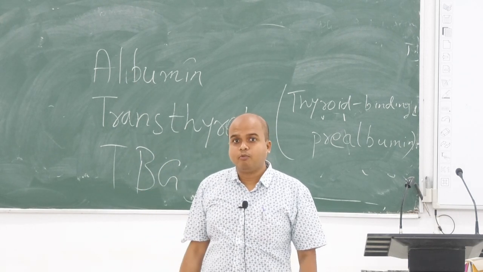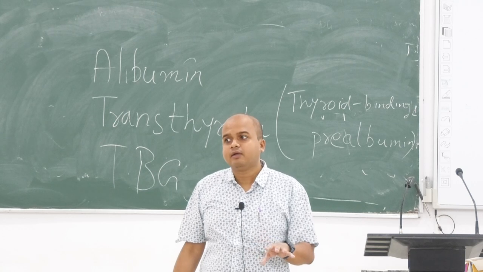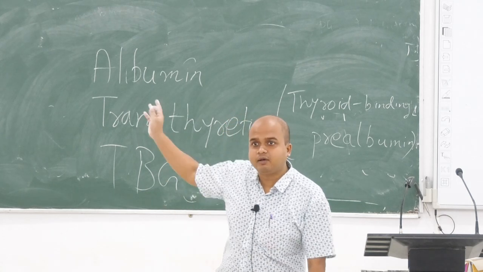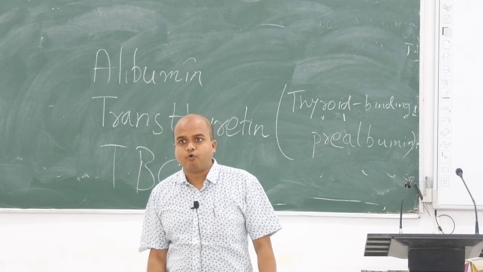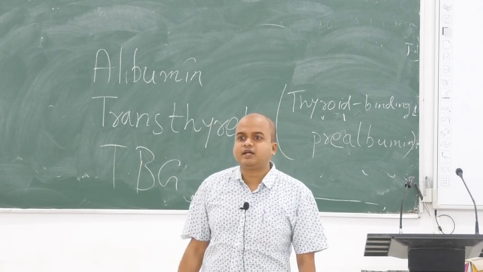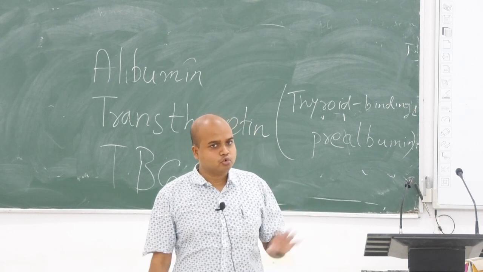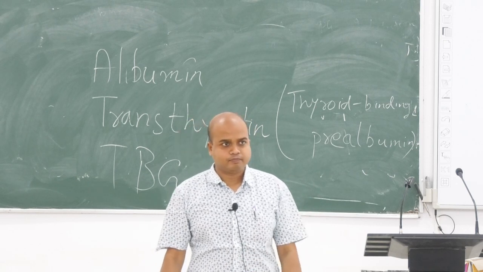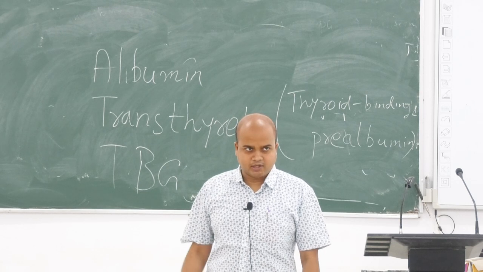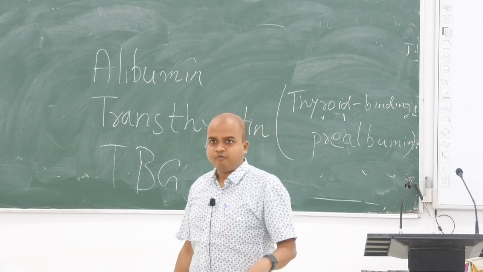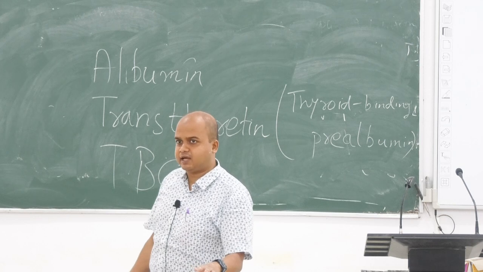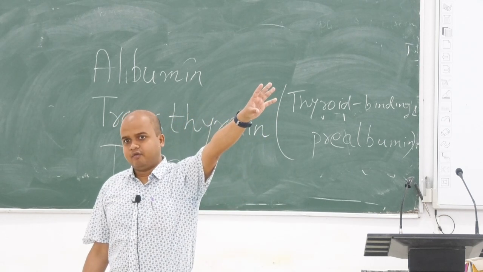That is albumin. Most of the albumin is occupied, but more affinity is towards TBG. Just know this: these are the three proteins to which thyroid hormone will be attached. That is protein bound. But the free form will dictate the physiological action as well as the feedback.